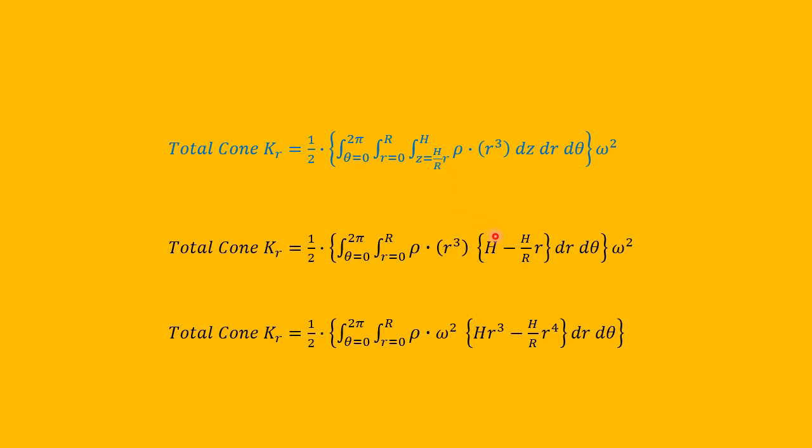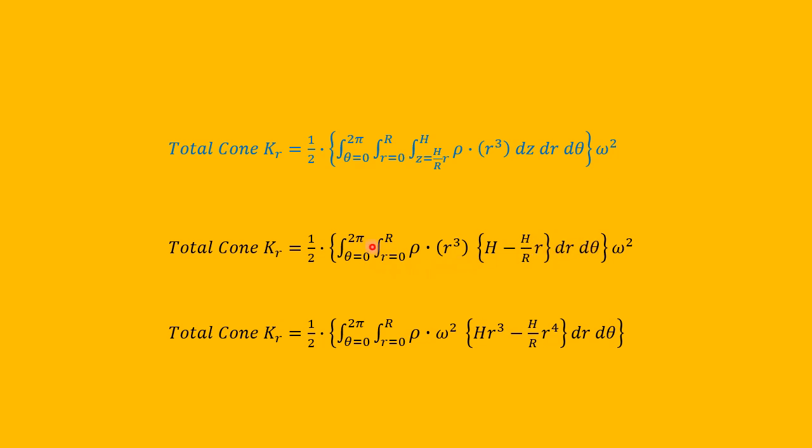And when we do that, we just get the remaining double iterated integral here of rho times r cubed as we had here, and this inside integral with respect to z is this stuff times h minus capital H over capital R times r. So now this stuff is integrated with respect to r and theta.